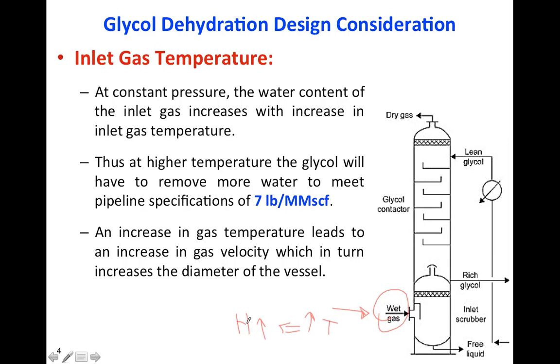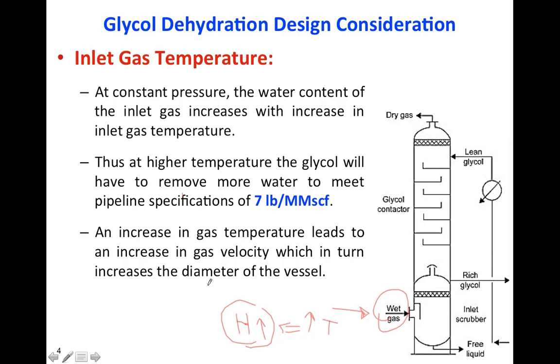Most of the time, higher temperature means higher humidity, because when we have higher temperature, the water can vaporize and go into the gas phase. So if you have a higher temperature in this inlet gas, we will have more water, or higher humidity, in this inlet gas. This is the first point.